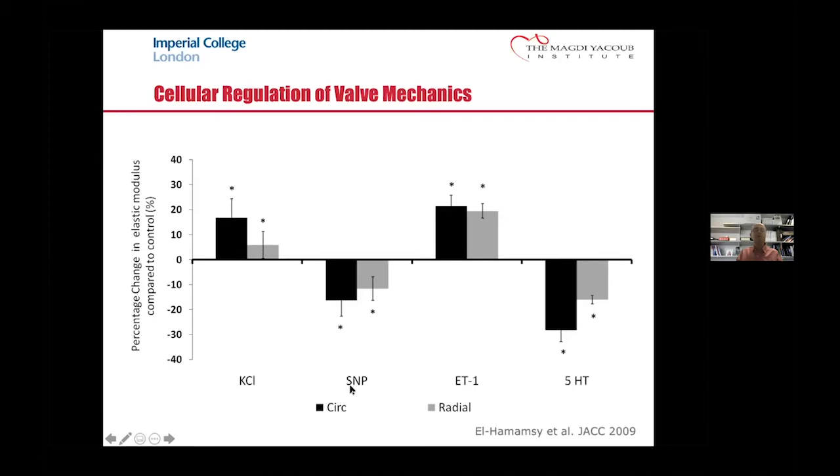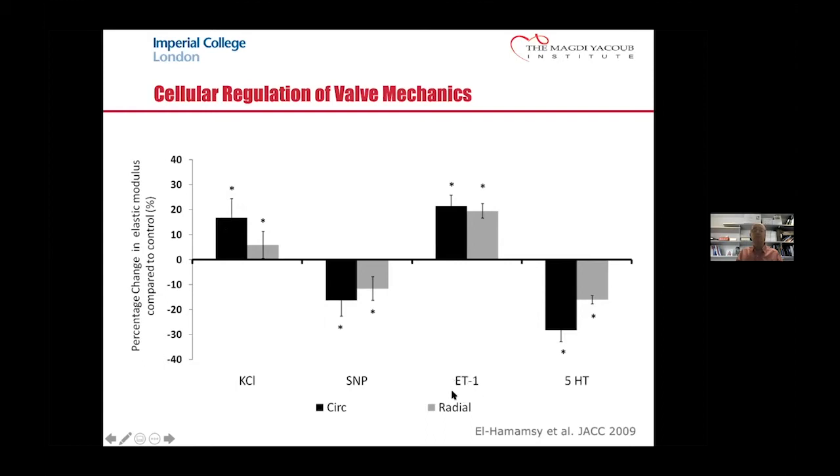Conversely, if you added sodium nitroprusside, which is an NO donor, and you would expect nitric oxide to relax the tissue, you saw the reverse, whereby sodium nitroprusside produced a decrease in stiffness.